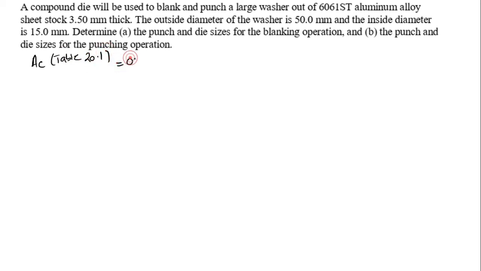The value for the 6061 aluminum alloy is equal to 0.060. That is the value for AC, and we know the clearance equals AC times t. So we have the stock thickness of 3.5, so that would be 0.060 into 3.5, which gives 0.210.